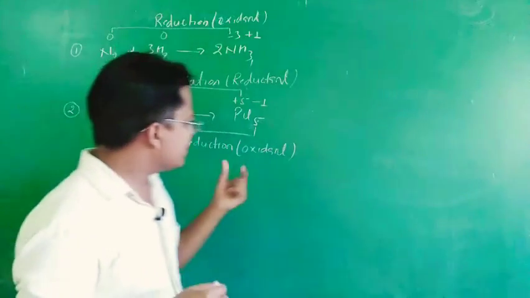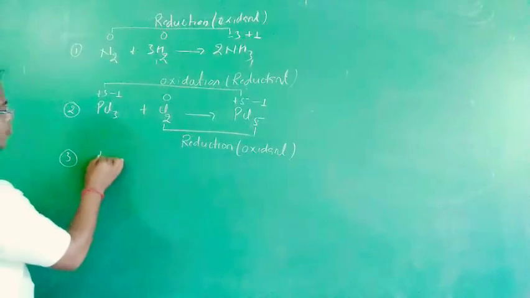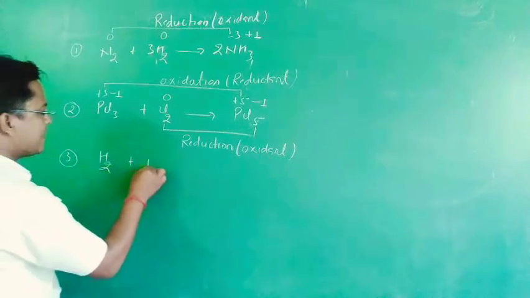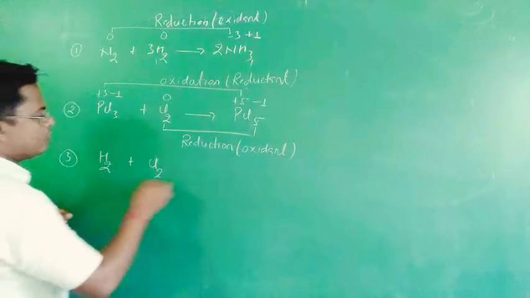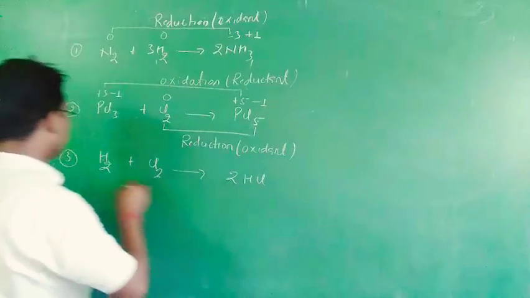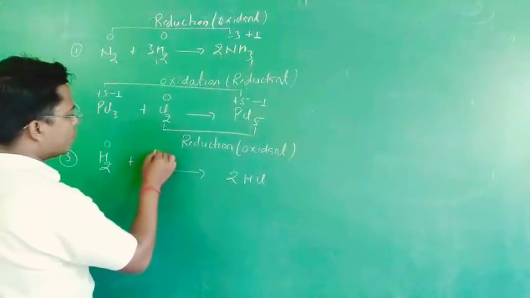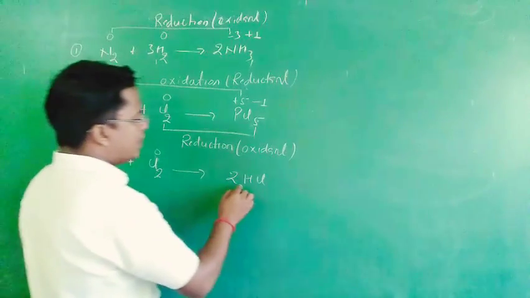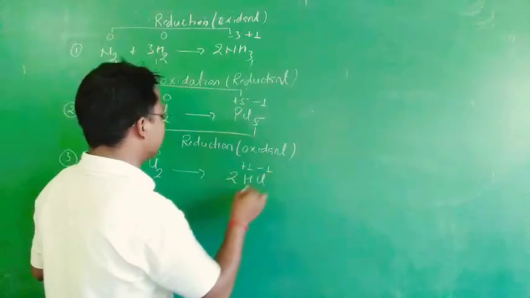Let us have some more questions like H2 plus Cl2 gives 2HCl. Okay, so in case of hydrogen there is a 0 oxidation state, chlorine 0, hydrogen carries +1 charge, chlorine carries -1 charge.